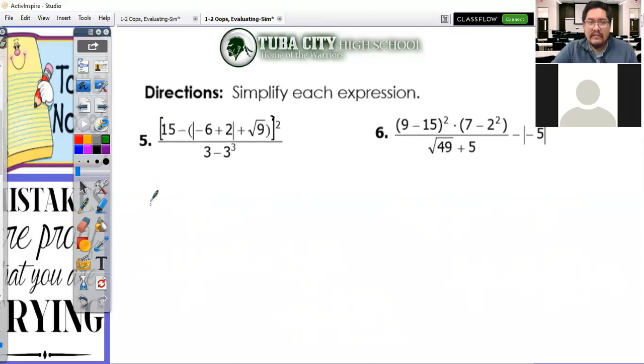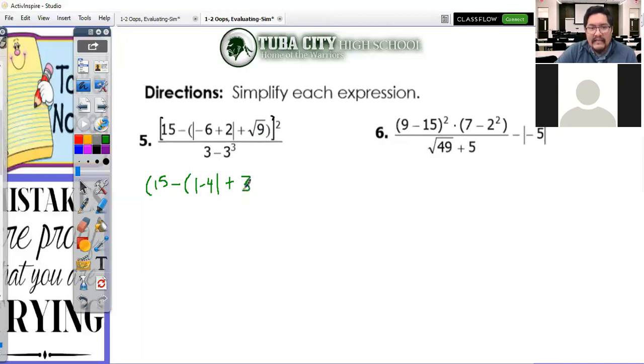So let's go ahead and work on this one here. So 15. I'm going to turn this into a parenthesis just so it's easy to draw. And here I have an absolute value again, so -4, because 2 minus 6 is going to be -4, plus, and then I have √9. So what two numbers can I multiply to get 9? That'd be 3.